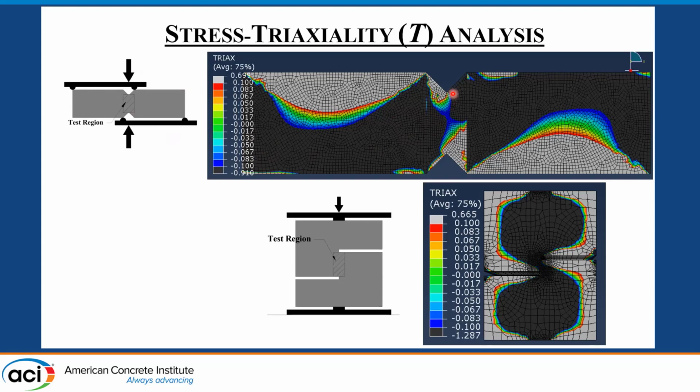And you can see in the test section or test region, it's highly compressive in the middle. It starts at tension. It transits through shear, but a high majority of the section is in compression and not in shear.